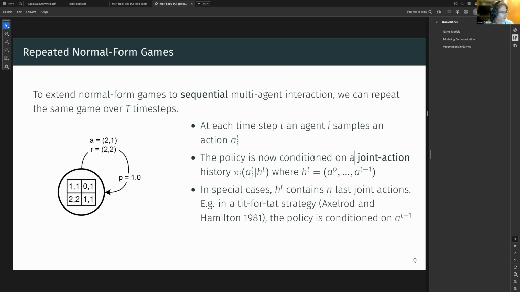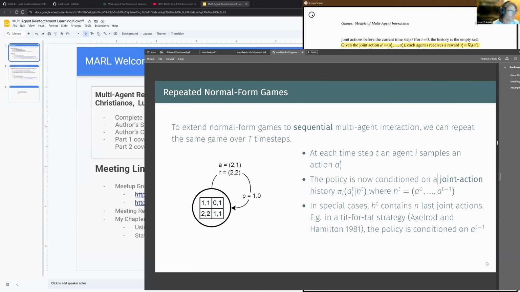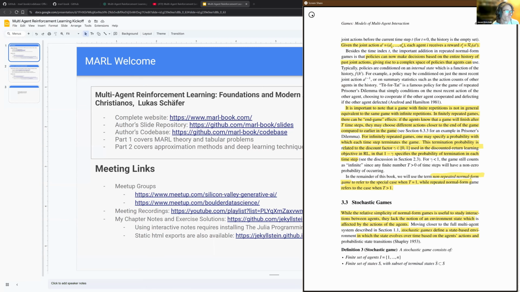Okay, before we get into the stochastic game, let me bring this up again. I said the entire history of joint actions is now the policy space, which is a very large space of things to look at. Also, usually when we talk about this, we consider infinite repetition, so the game is going to go on forever.